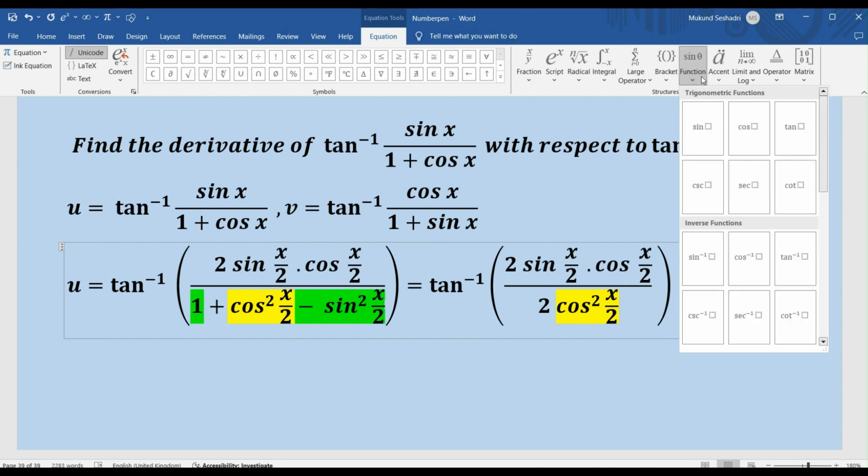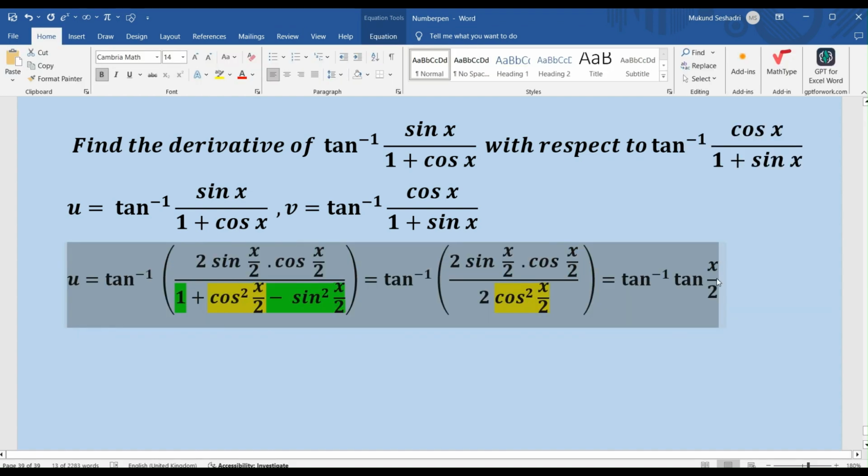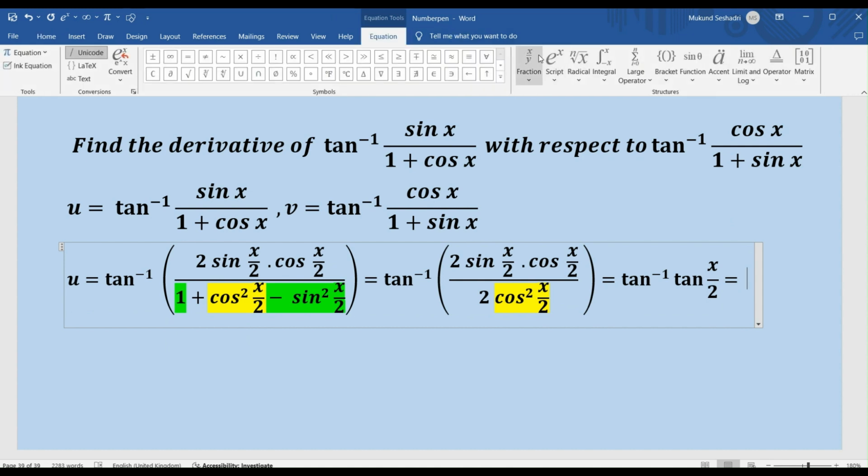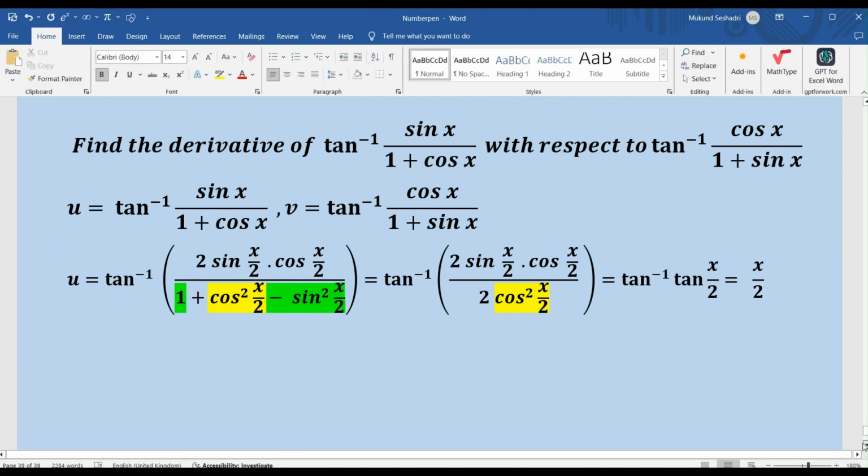So let's write down our u, which we have simplified, which is nothing but x by 2. So you see I have reduced my u to an x by 2.